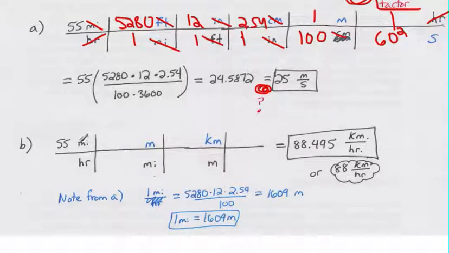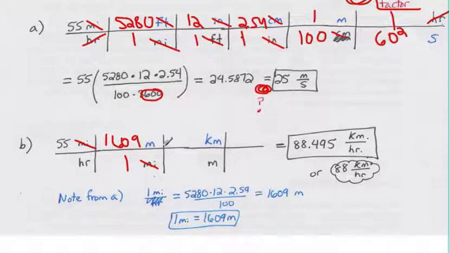So we'll get rid of miles by putting that there, and I'm going to go straight to meters. We could go through all this work up here again, but just note from part A, 1 mile is this times this times this divided by 100, leaving out that seconds part. It's that many meters. So I can just say 1 mile is 1609 meters from the work I just did instead of writing it out and going crazy.